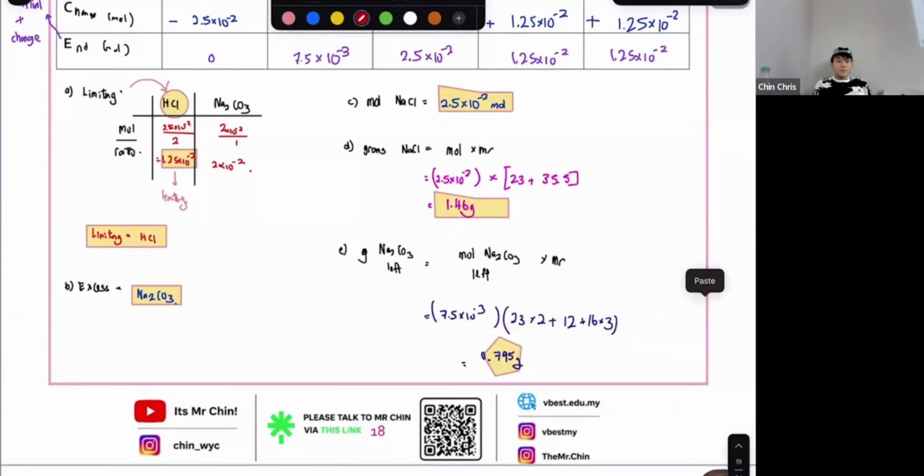You see, with the RICE table, do you see that everything is kind of easy? Everything is going to fall into place for you guys. Clear. How good?